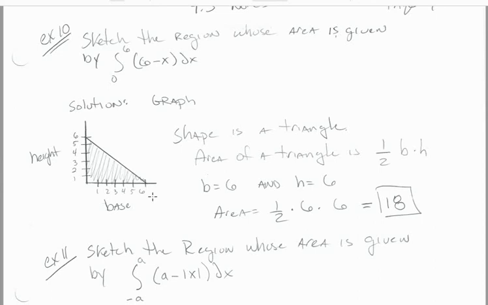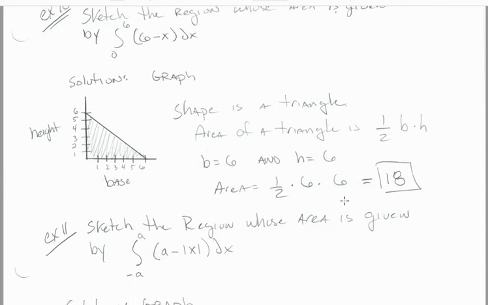We can obviously see that it's what shape? A triangle. We use the area of a triangle, which is 1/2 base times height, to calculate the area here. So 1/2, the base is 6 units wide. The height is also 6 units. So it should be 1/2 times 6 times 6, which yields an area of 18.